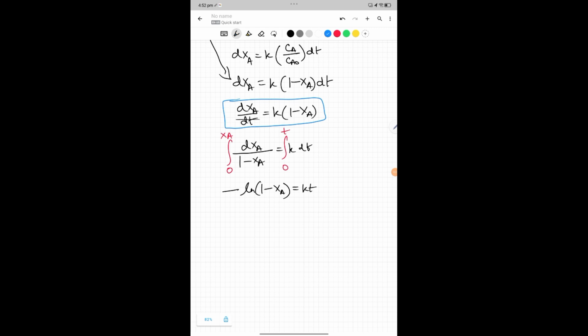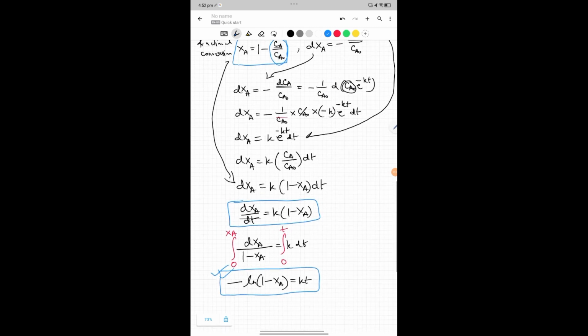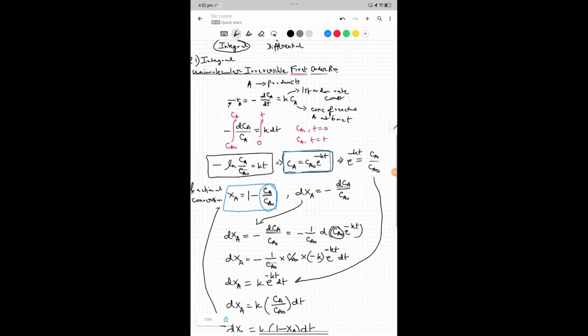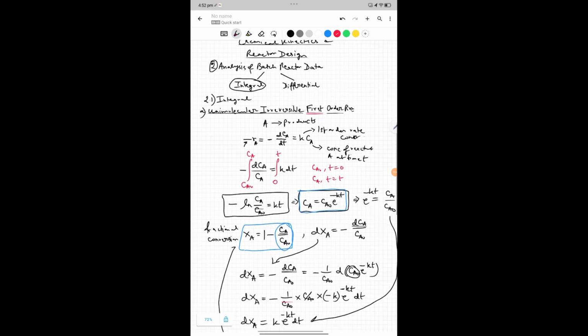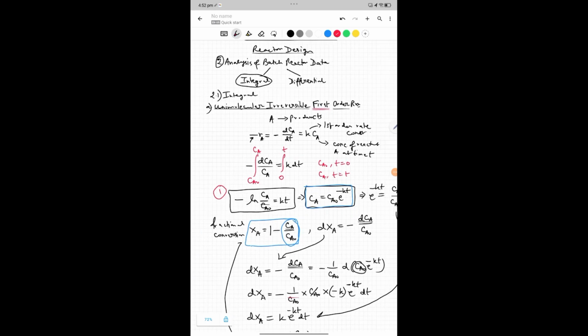Now this is very important because you will get a lot of problems, especially batch reactor problems using this expression. So these expressions are very important. I will mark it for you again. Some expressions. Number one, minus ln Ca by Ca naught is equal to kt.